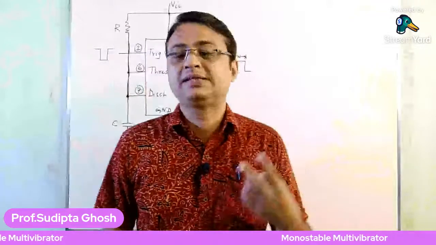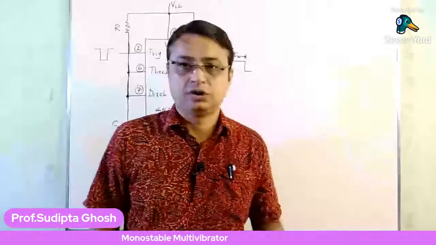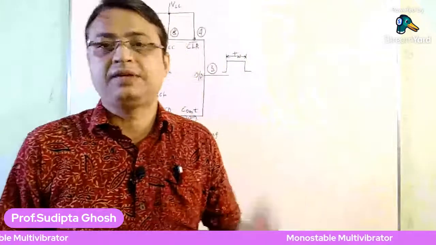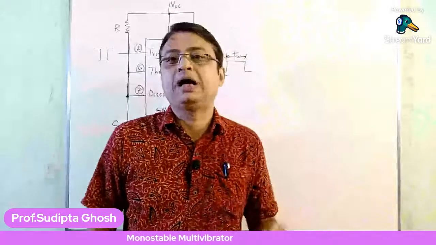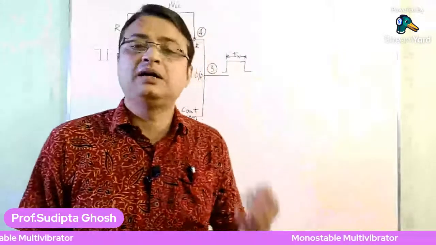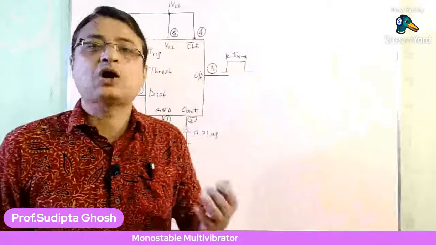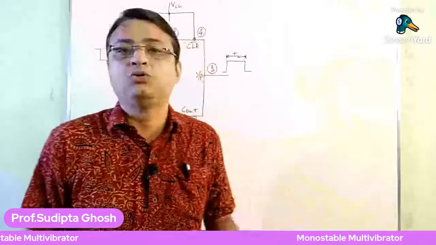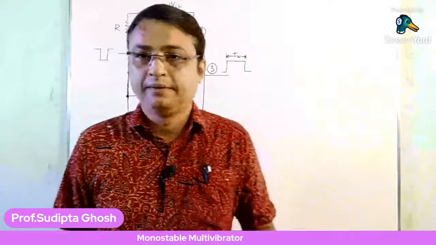Those points are, to get a high output from the 555 timer, we have to apply a voltage which is less than 1/3 VCC, and that will make the trigger comparator output high. So that was point number 1.